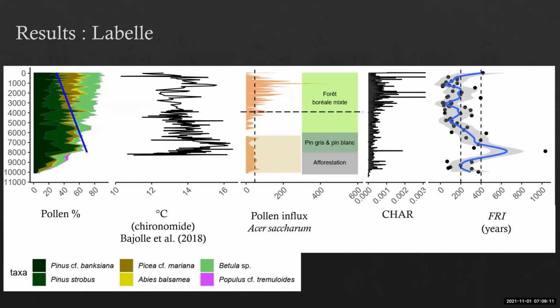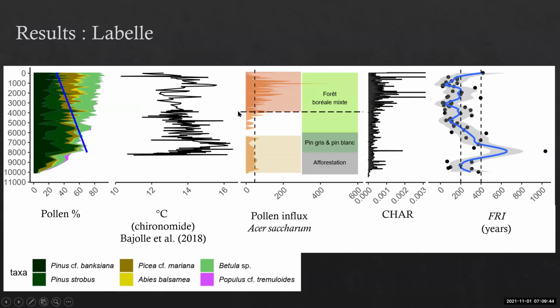I interpret that as long-distance pollen dispersal, because there is a low chance that the sugar maple was actually present at this period of time. This dashed line represents the local threshold value, and the influx is really far beneath it, so this is apparently long-distance pollen dispersal.